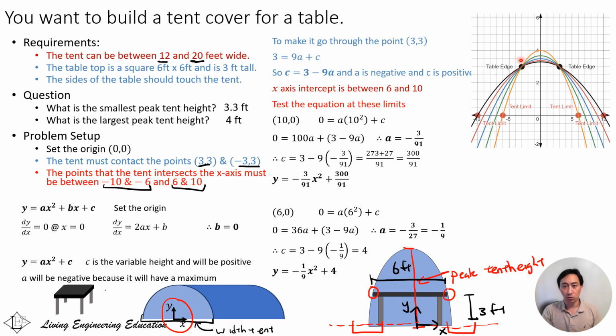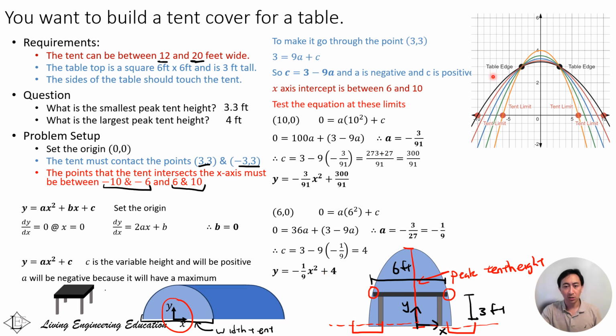So what I want you to do now is hit pause. I'm going to show you the equations for these three values. Do the same thing that we did for the intercepts at 6 and 10, and see if you can get the same equations that I do, right? In fact, if you want to, start this all over at the beginning and then see if you can solve these steps on your own.